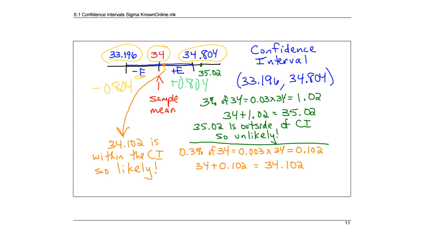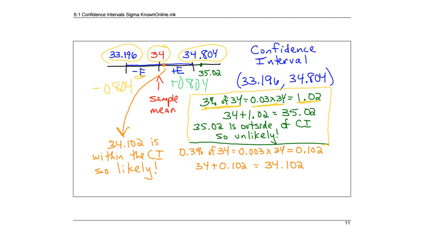But they asked me to look at that a little bit differently. So let me box what I've got here. This is a never-ending problem here. They wanted to know if the population mean was within 3% of the sample mean, would it still be likely? And so what we're going to do is take 3% of the sample mean, that's 1.02.